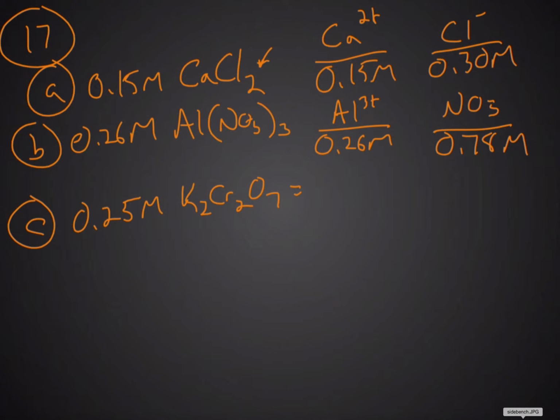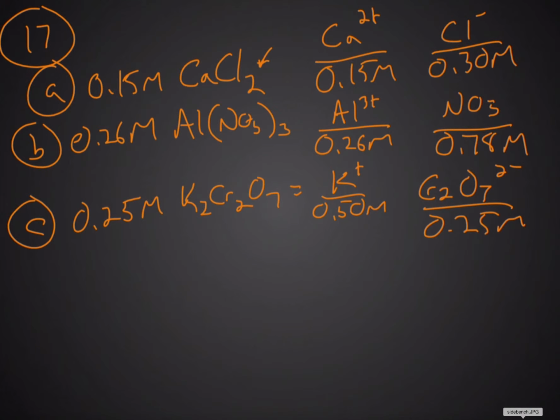And since there's 2 potassiums per mole, the concentration of potassium is twice as much, so 0.5 molar. The chromate, this whole thing, should be Cr2O7, is a polyatomic ion as a unit, so that is going to have the same concentration as the solution because it's not going to dissociate, so 0.25 molar.